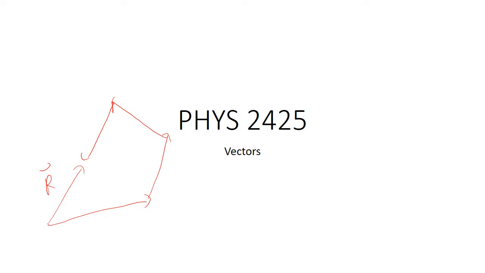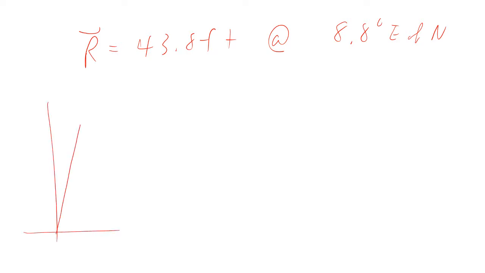We found that the resultant vector was 43.8 feet at an angle of 8.8 degrees east of north. So that would be like that, and that was 8.8 degrees right there.